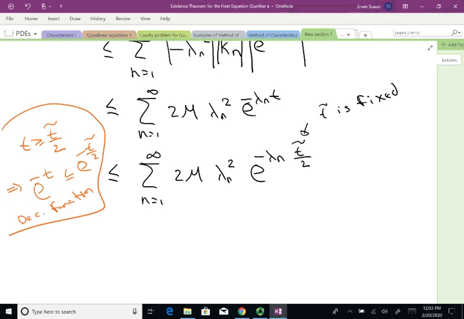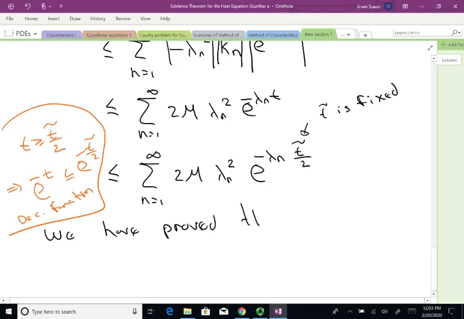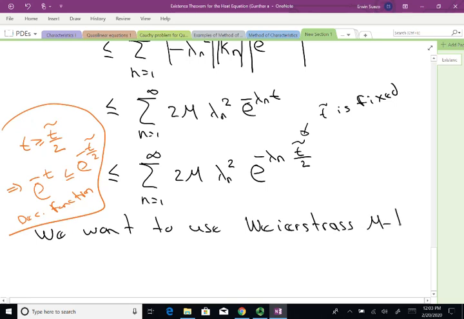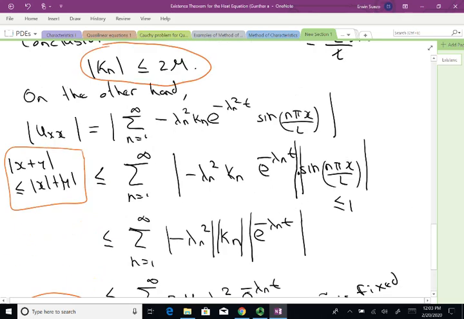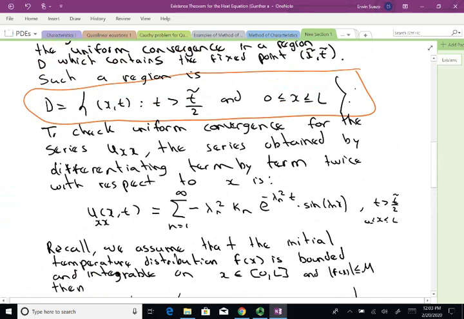So we have proof. What do we have proof of? Let's observe. So let's say we want to use the Weierstrass M-test because we want to prove uniform convergence of this series.